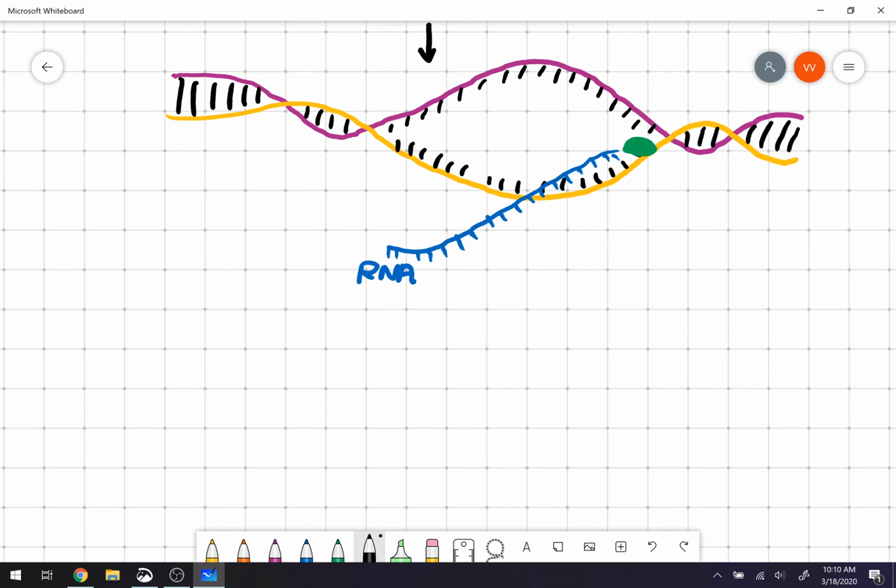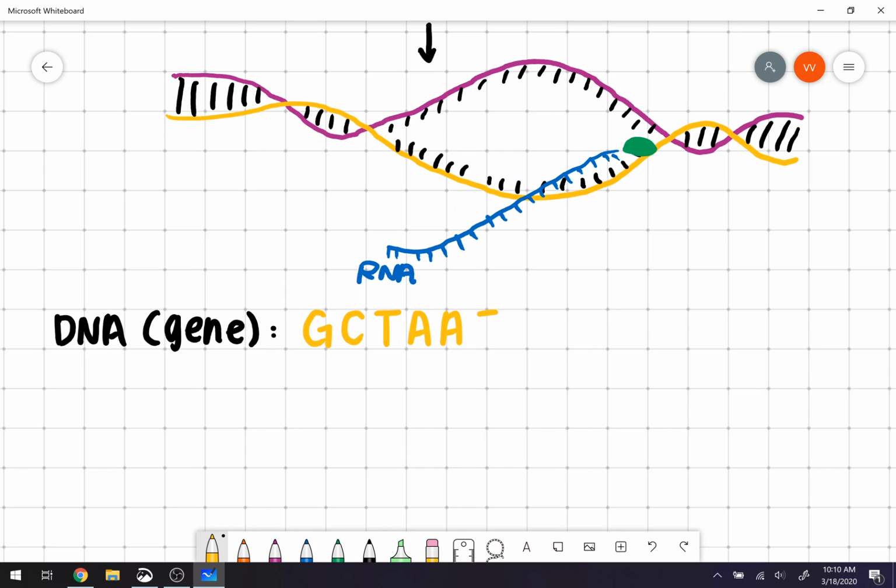So let's pretend that our DNA gene has the following sequence on the yellow strand. Let's say it's G, C, T, A, T, C, C, G, A. So let's pretend this is the gene on the yellow strand of DNA being copied.